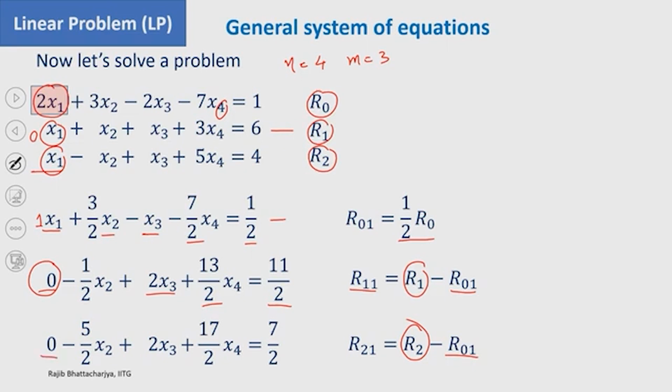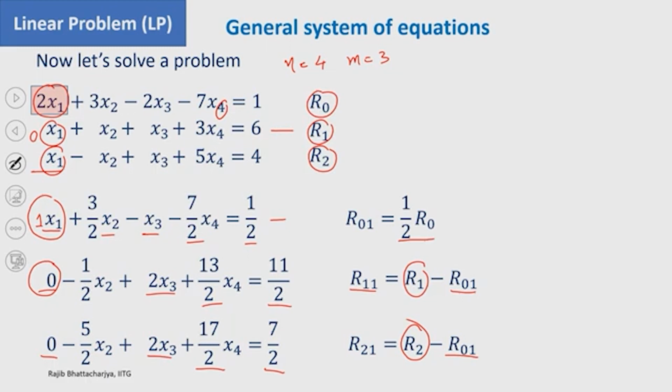This is 0, then minus 5 by 2 x 2 plus twice x 3 plus 17 by 2 x 4 equal to 7 by 2. In this operation, I have made the coefficient of x 1 in equation 1 as 1, and for the other equations the coefficient of x 1 is 0.